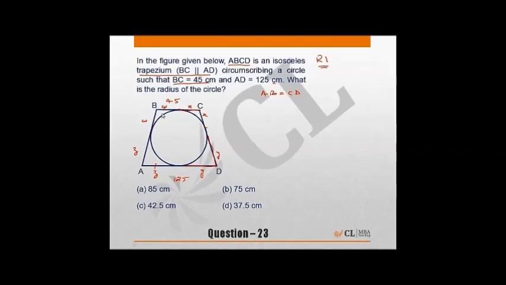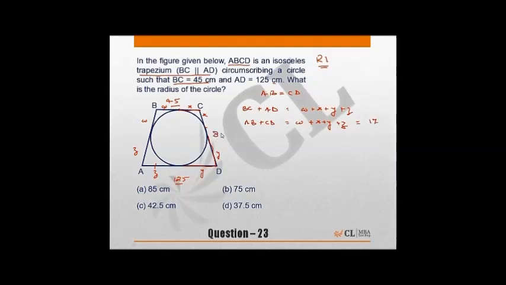Or in other words, we can say BC plus AD is nothing but W plus X plus Y plus Z. And similarly, AB plus CD, the other two sides, will also be equal to W plus X plus Y plus Z. Or in other words, AB plus CD has to be equal to the sum of the other two sides, which means this is 45 plus 125, which makes it 170.